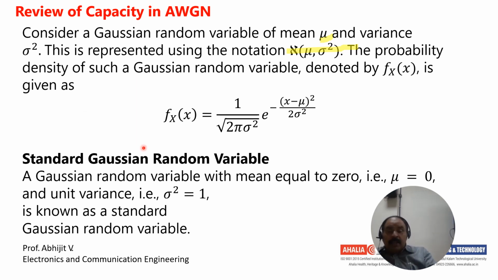Standard Gaussian random variable. A Gaussian random variable with mean equal to 0, that is mu is 0, and the variance sigma square is equal to 1 is known as standard Gaussian random variable.